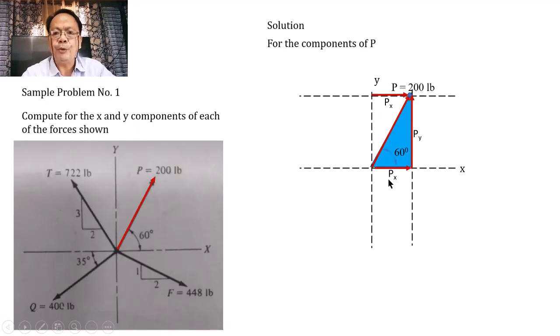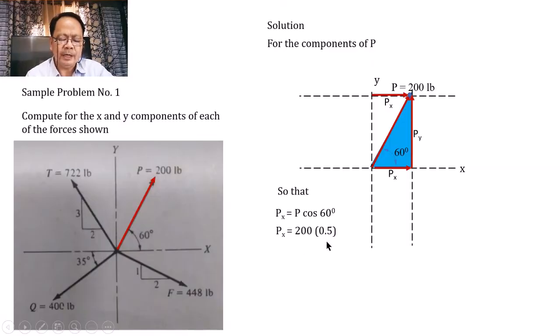And so if we're going to apply here the function of the right triangle so that we can solve for the x component, the x component of P will be equal to P cosine of the angle 60. And if we are going to substitute the magnitude of P as well as the cosine of the angle 60, therefore we shall have here 200 multiplied by 0.5 dahil ang cosine of 60 is equal to 0.5.